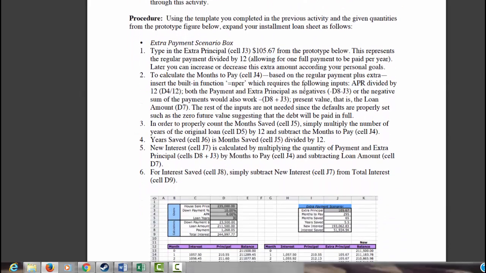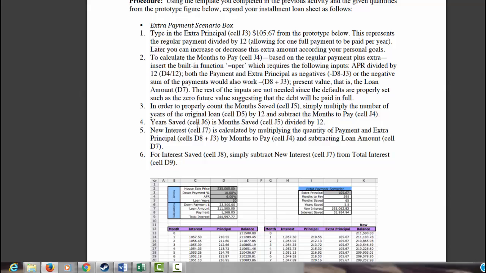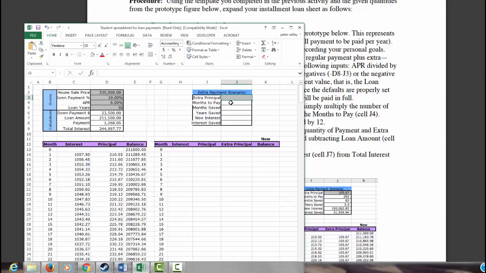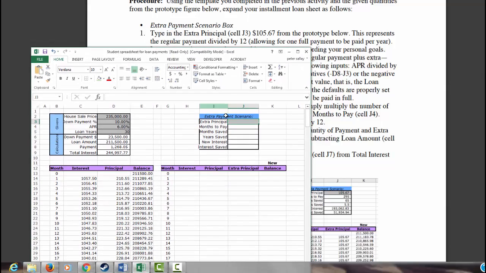Now for your project, we're going to leave this sort of open-ended. I'm going to tell you exactly what to type in based on my numbers, but this is something you can go back and play with. So I would like to pay $105.67 extra a month.